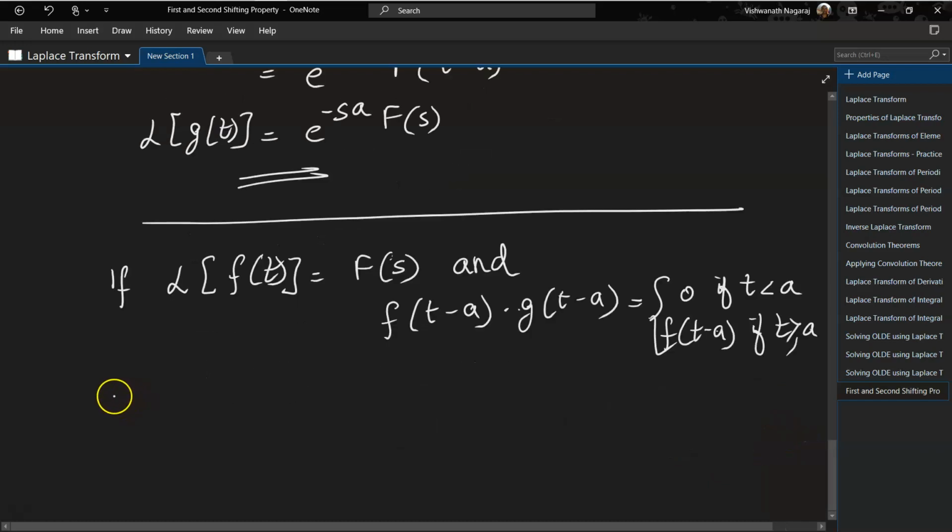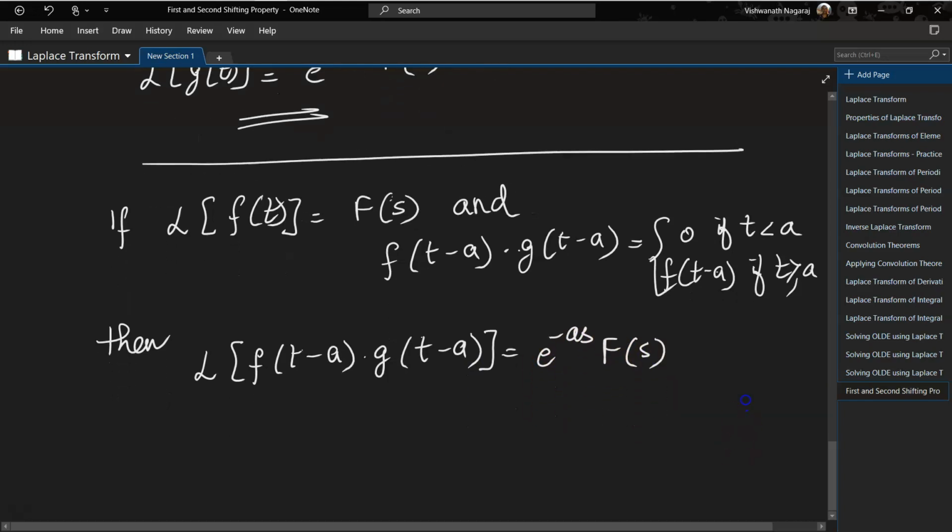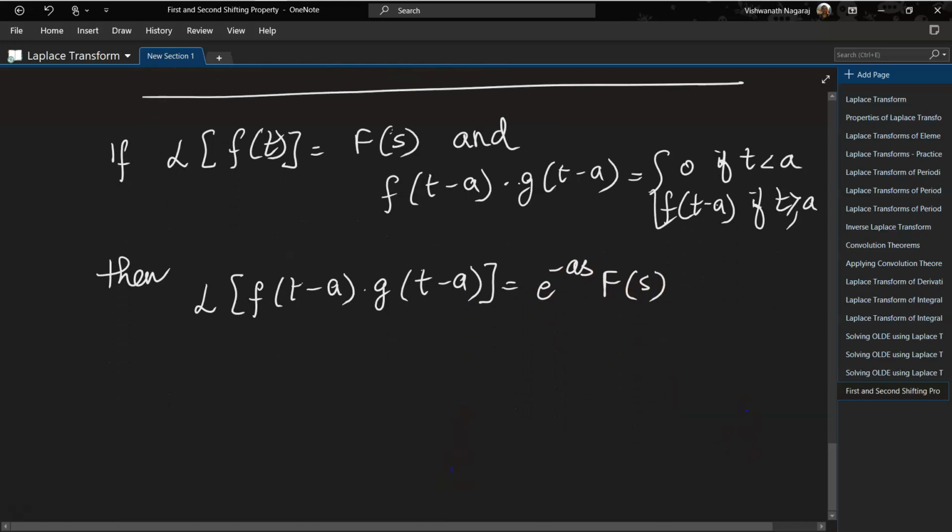That is true. Then Laplace of f of t minus a times g of t minus a is equal to e to the power of minus a s capital F of s. Let's actually prove it this way as well.